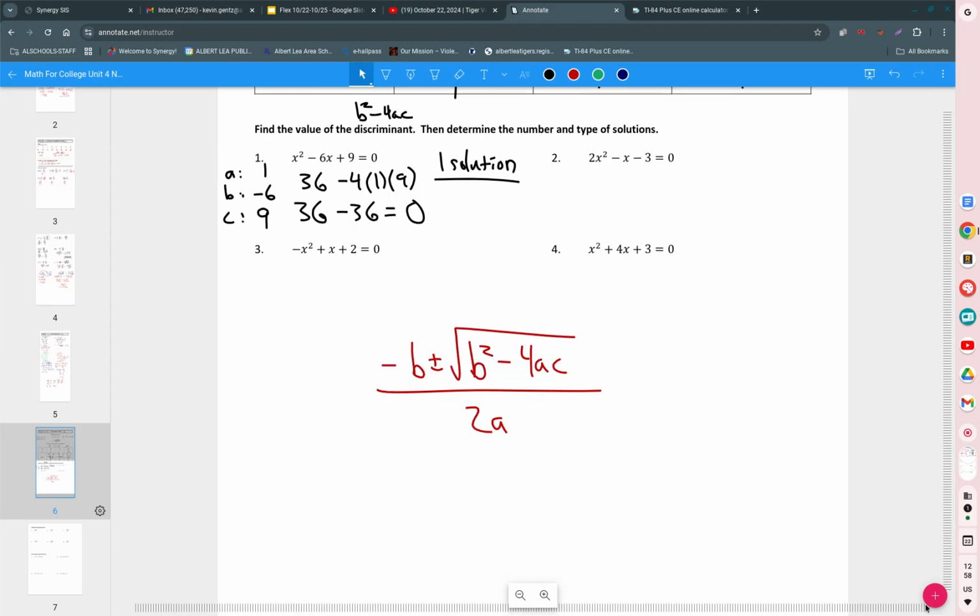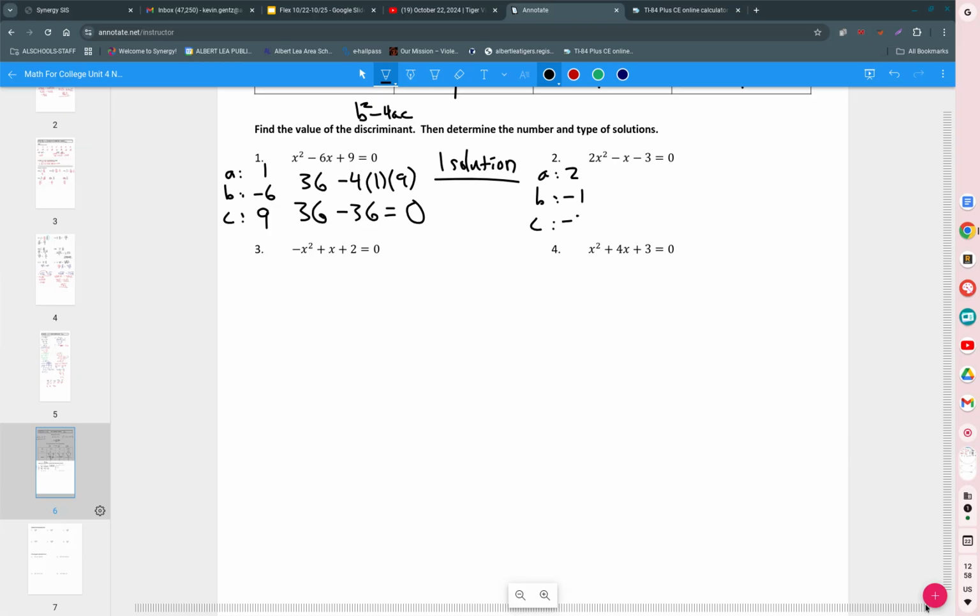We'll do a couple more here. I look at number 2. I have A, B, and C. A is 2, B is -1, C is -3. B squared. -1 squared is? 1. Plus or minus, oh, I'm sorry about that.